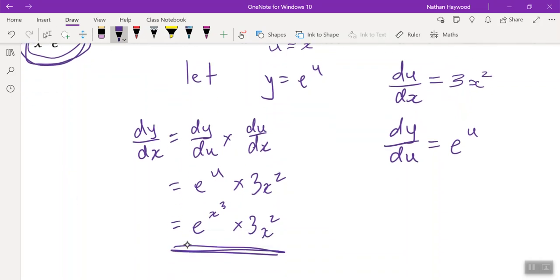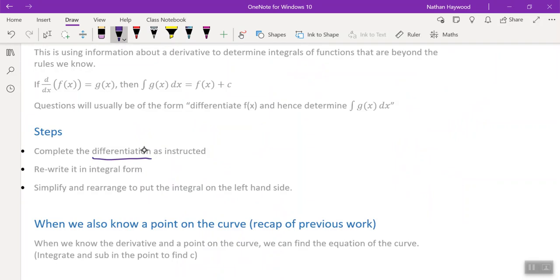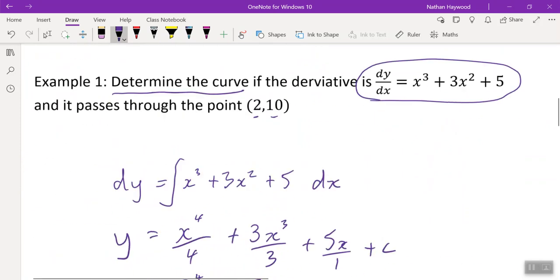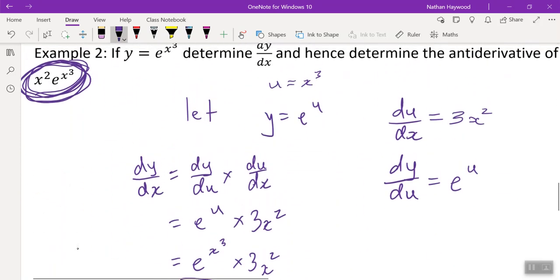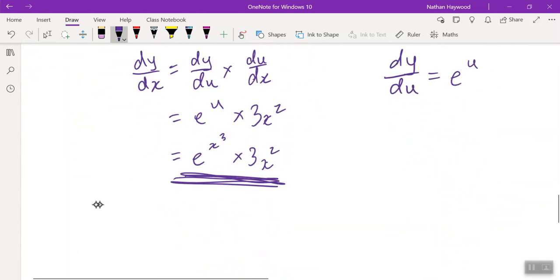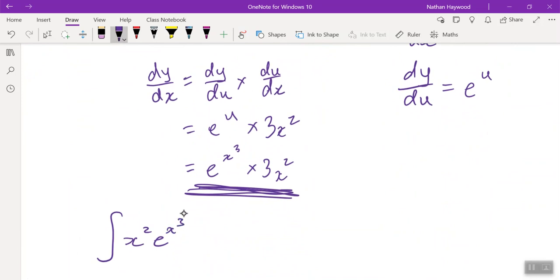How do we use this derivative we found to find the antiderivative of this function here? We need to rewrite it in integral form and simply rearrange. So we're going to rewrite this. So we want the integral of x squared e to the x cubed.